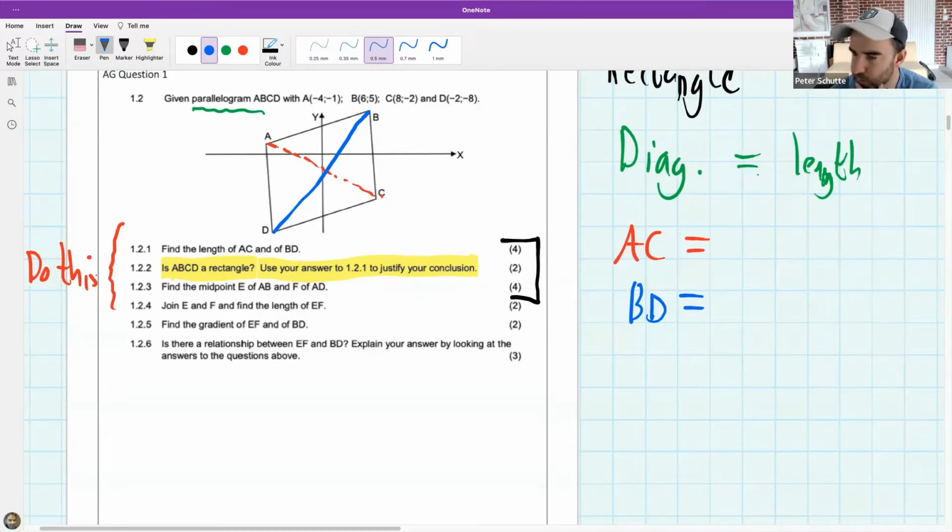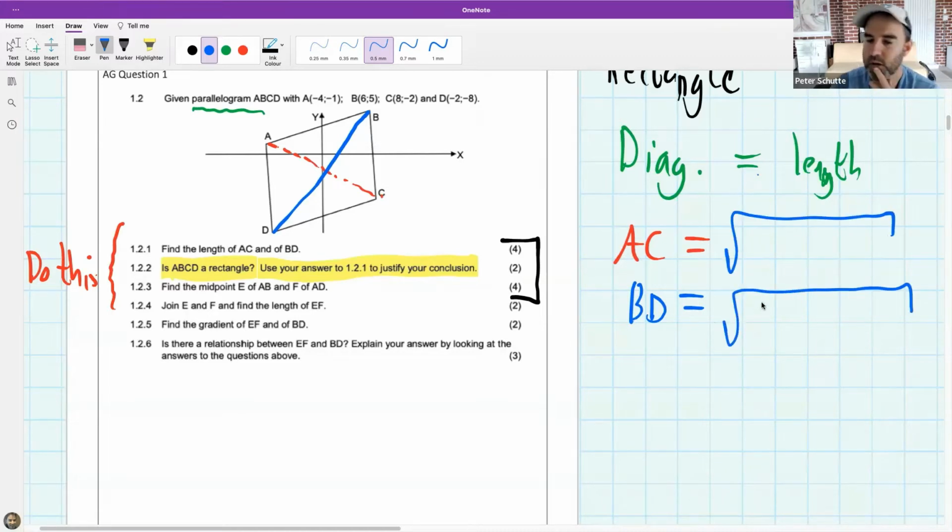Okay, so most people seem to be getting the square root of something, which makes sense. It's the distance formula. AC, BD. So those who have got the square root of 145, you are correct.